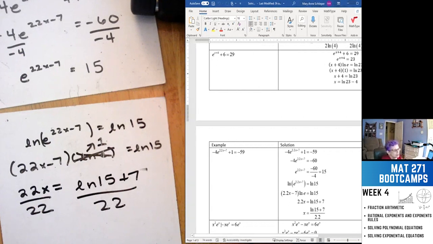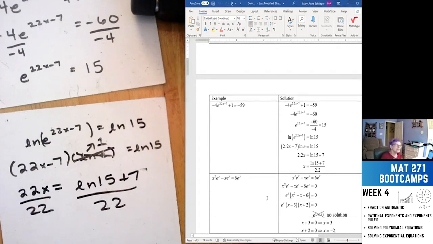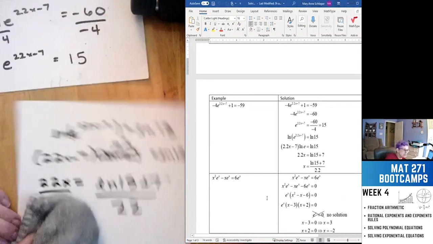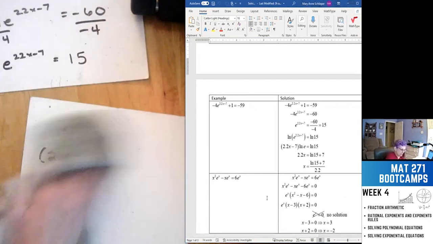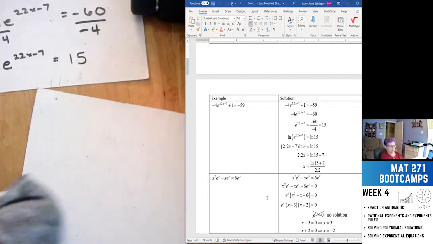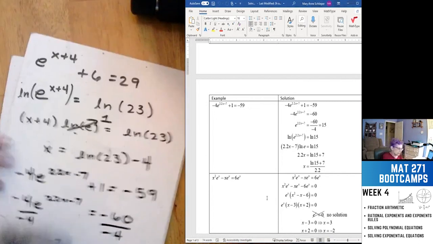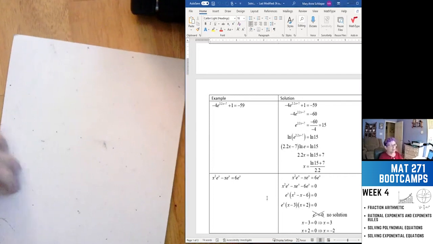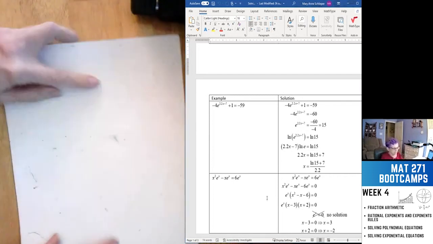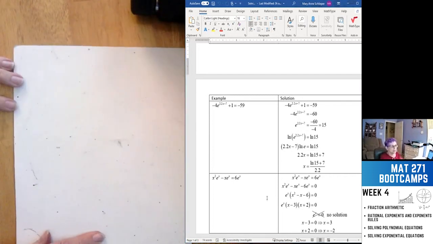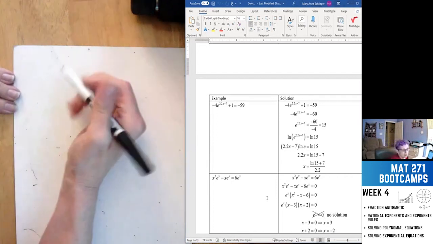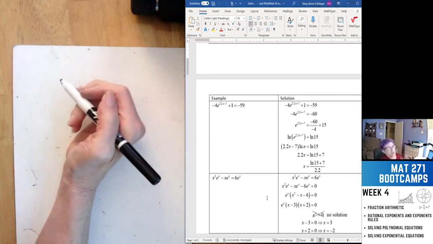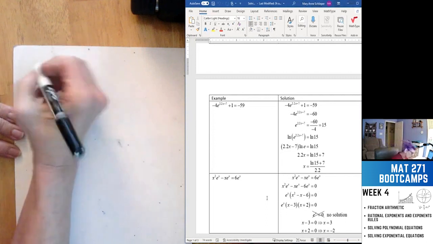Now, this next one's funny looking. This one has x's and e to the x's in it. And it has a bunch of e to the x's in it. So really, I can't isolate that e to the x the way I did the others. So I'm going to go back to what I did with polynomials and get everybody on one side of the equal sign.